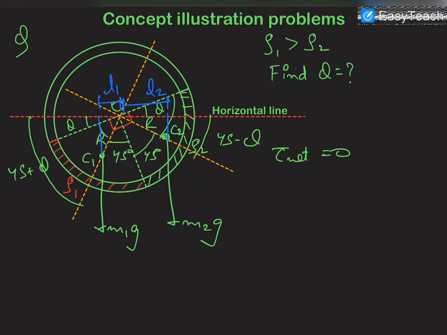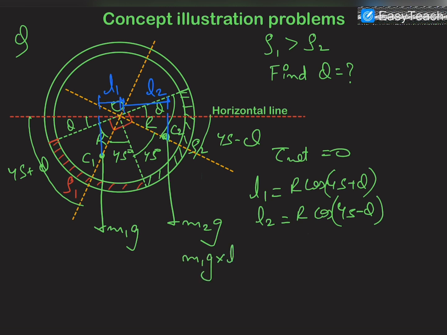The value of L1 will be, you can see that this is R and this angle is 45 plus theta, so L1 would be R cos(45 plus theta), and the value of L2 will be R cos(45 minus theta). So the torque of m1 g is m1 g into L1, and it would be equal to the torque of m2 g, which is m2 g into L2.